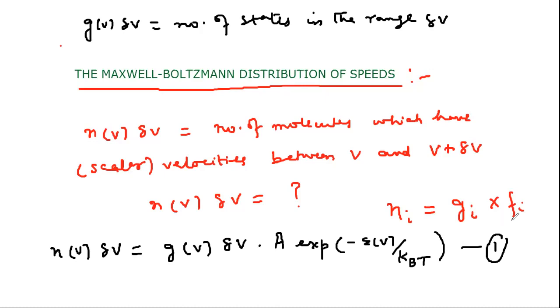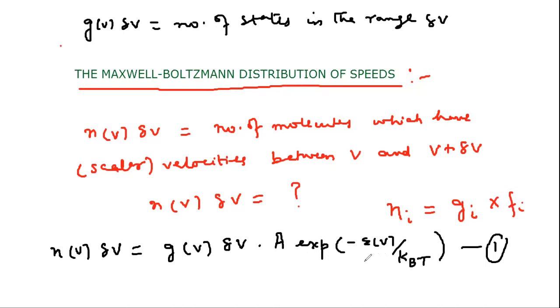Our filling factor is the Maxwell-Boltzmann distribution, which is A exponential of minus epsilon of v by kT, where we are expressing this energy epsilon as a function of speed.